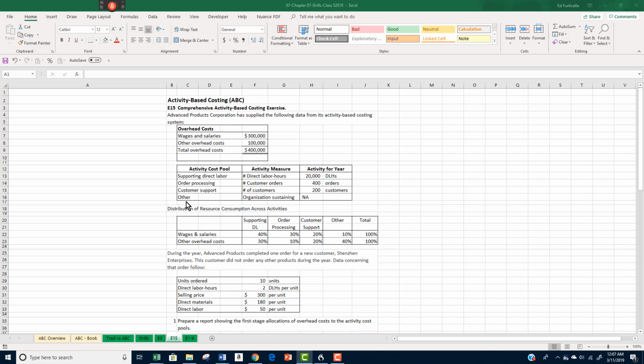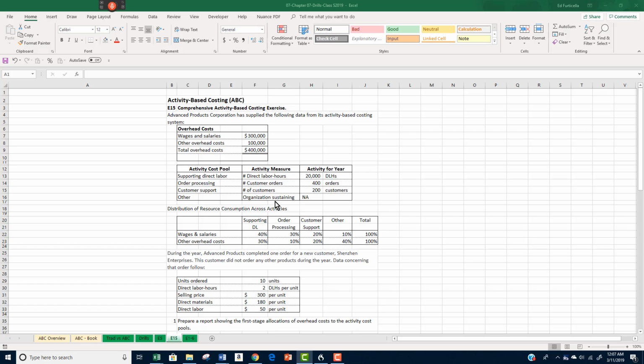The activity measures for supporting direct labor are the direct labor hours. The more direct labor hours at work, the more support you need. For order processing, it's the number of customer orders. For customer support, it's the number of customers. For other, we're going to classify the activity measure as organization sustaining.